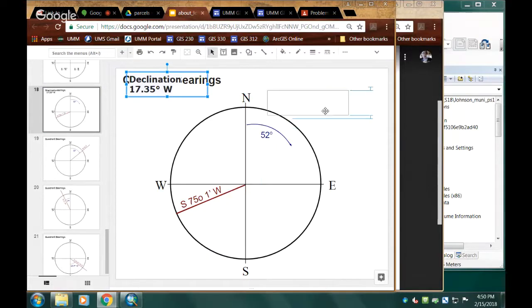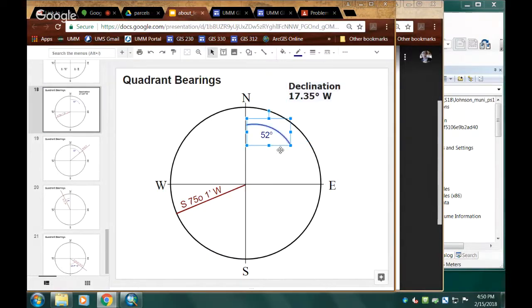There we go. So we've got the declination. How do we need to change our declination? Just gonna move these over. Yes, good. We need to go 17 degrees, 1 minute to the east. Exactly. So that means we need to go this way, to the east.